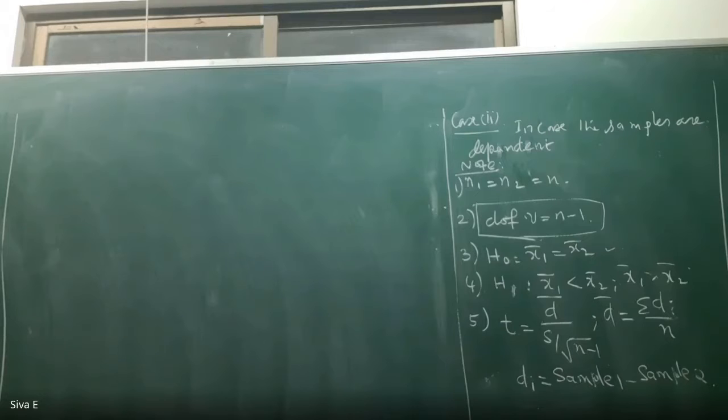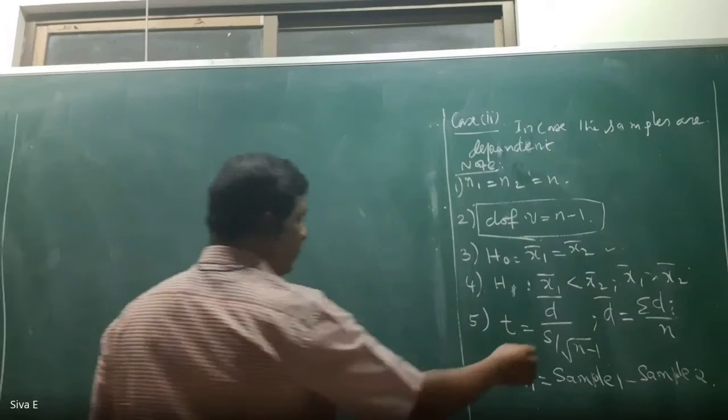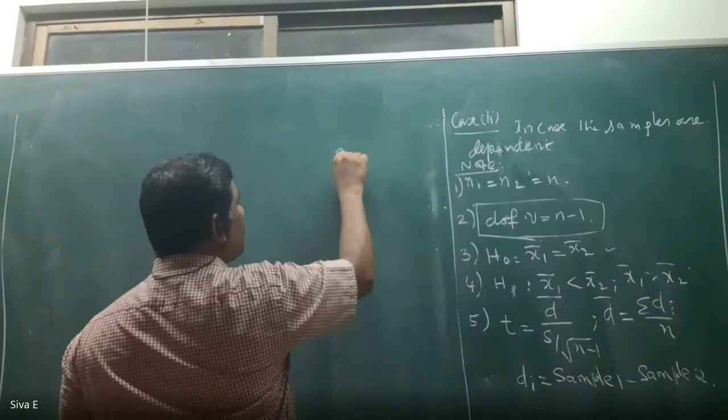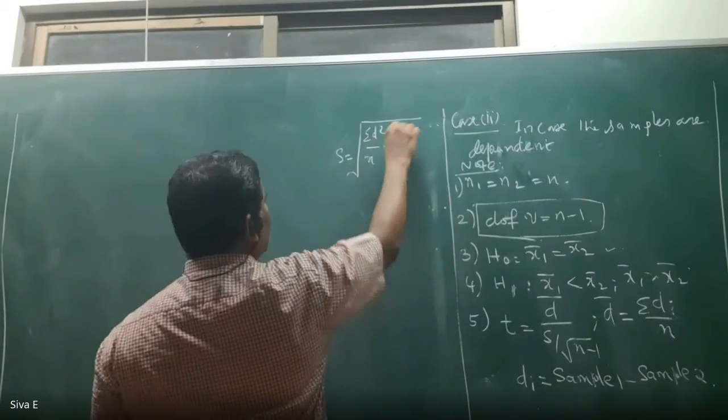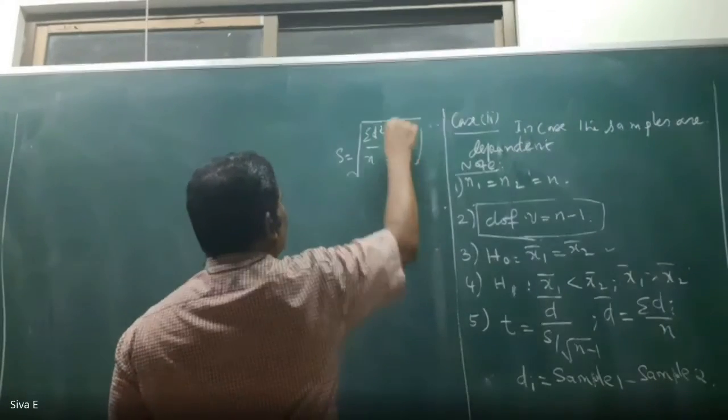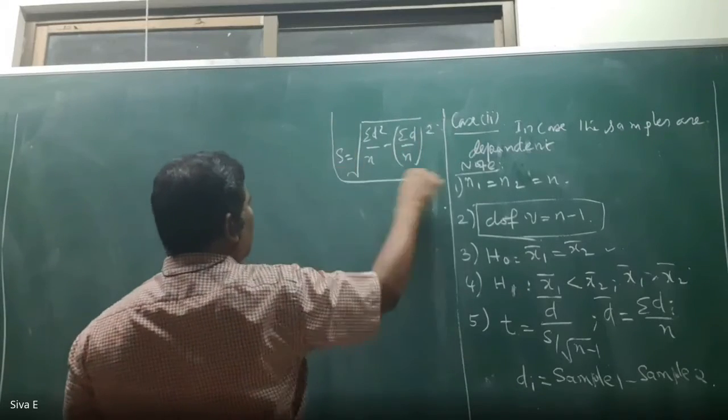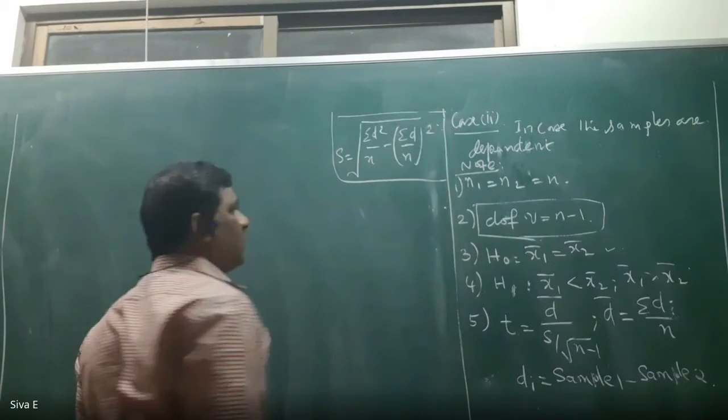What is S here? This is square root of summation of d square by n minus summation of d by n whole square. I strike out that. Please note that.